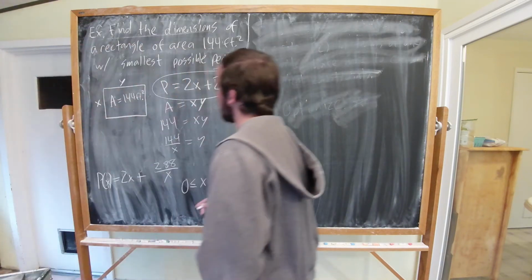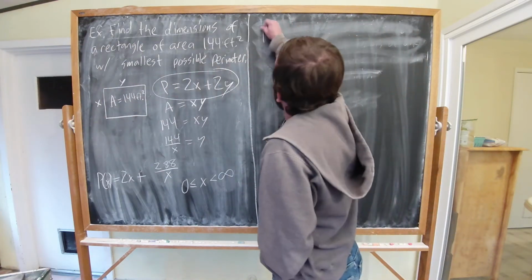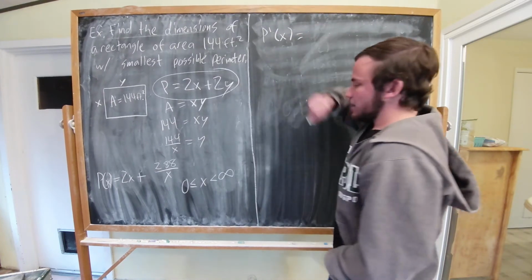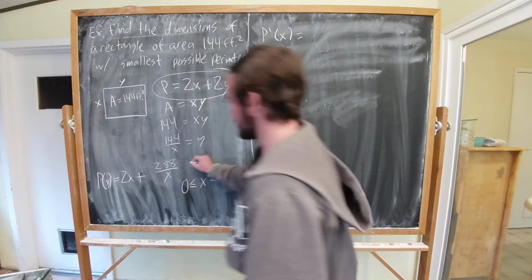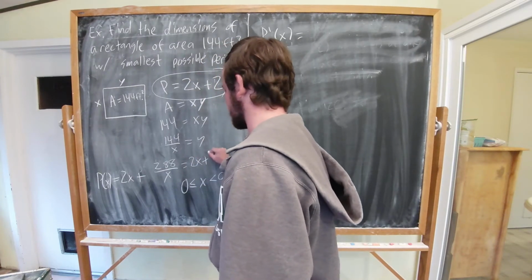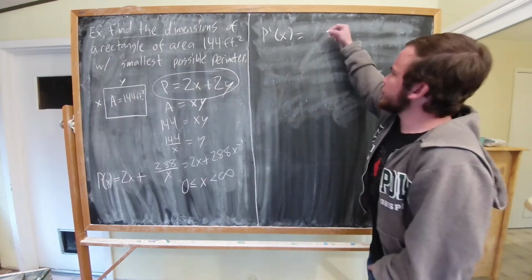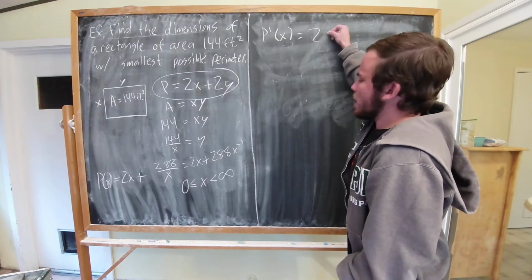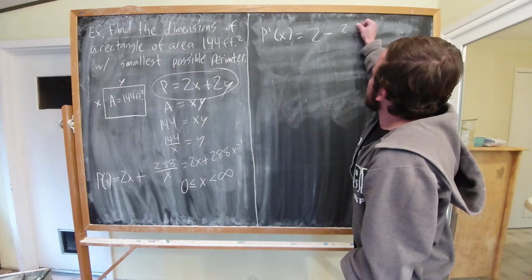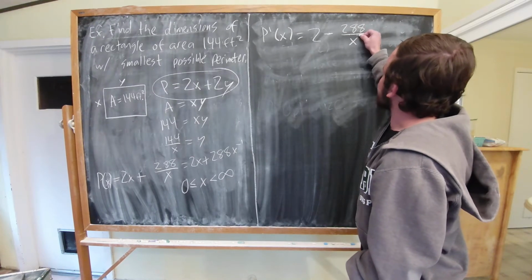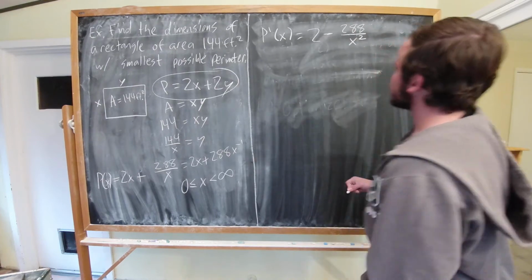Alright, here's how. We'll take our derivative with respect to x. P prime of x, okay, this is 2x plus 288 x to the negative first. So our derivative will be 2 minus 288 over x squared.